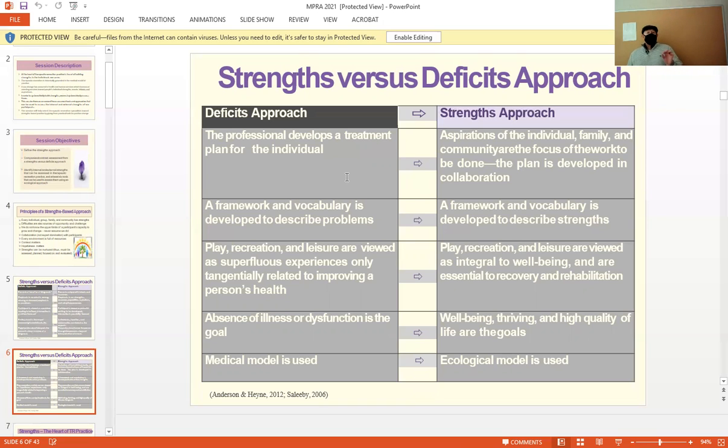In the deficits approach, absence of illness or dysfunction is the goal, whereas in the strengths approach, we're looking for well-being, we're looking for thriving, we're looking for high quality of life. And you can reach those things while still having a certain degree of illness or dysfunction. People can be happy.